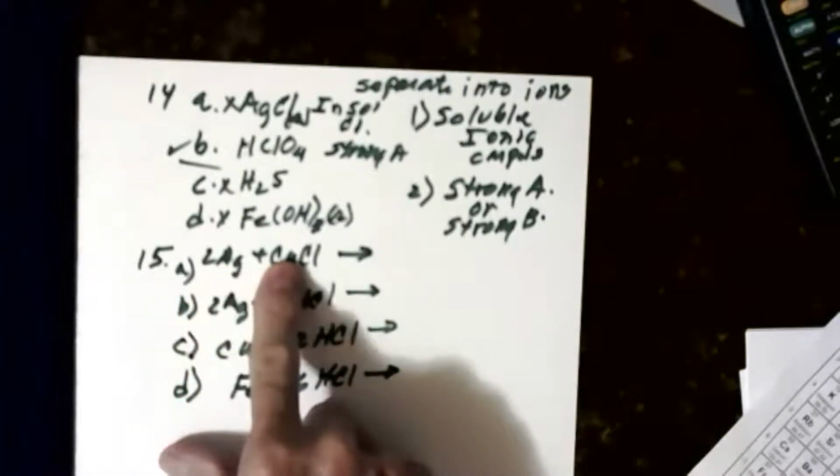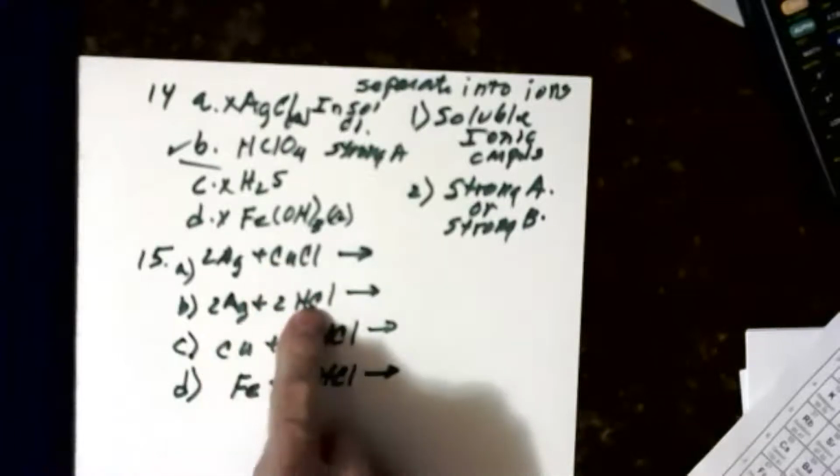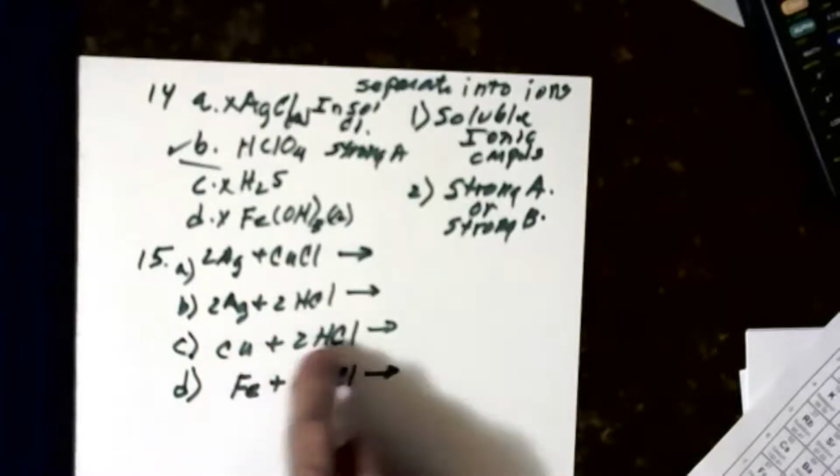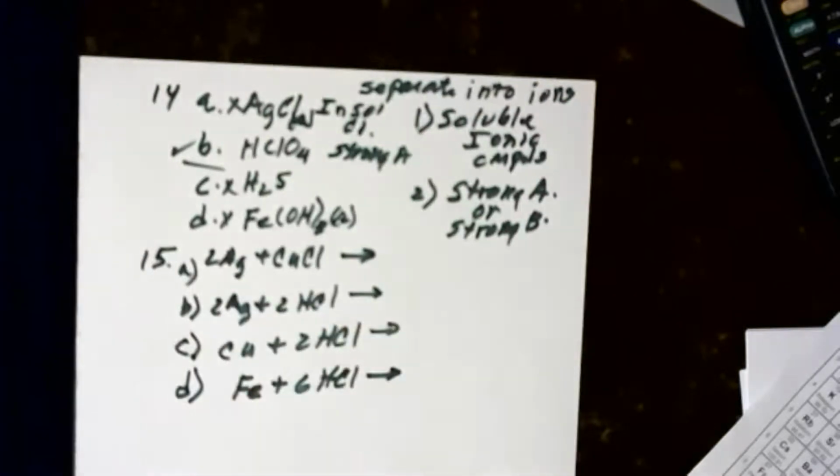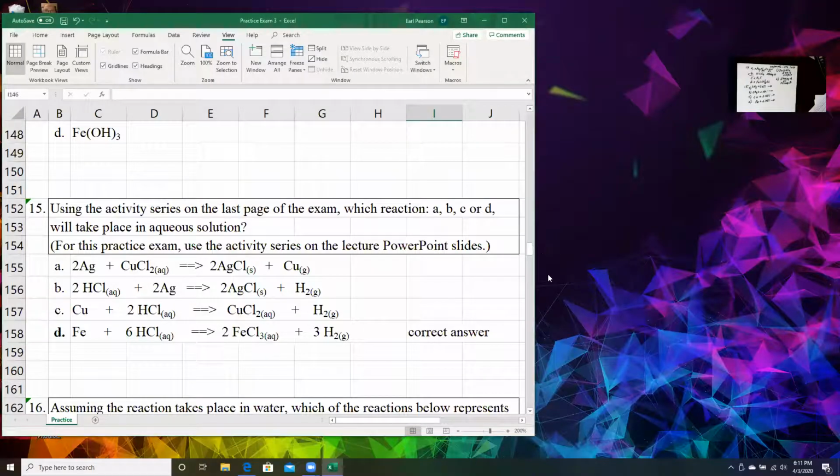So this is what I've got. I want silver pushing copper out, silver pushing hydrogen out, copper pushing hydrogen out, or iron pushing hydrogen out. And now let's go over here and see if I can get the activity series over here off the ends of this exam. I'm hoping it's down there.